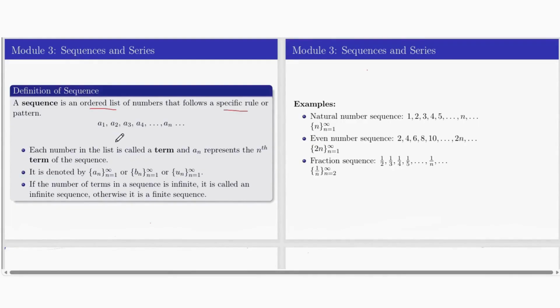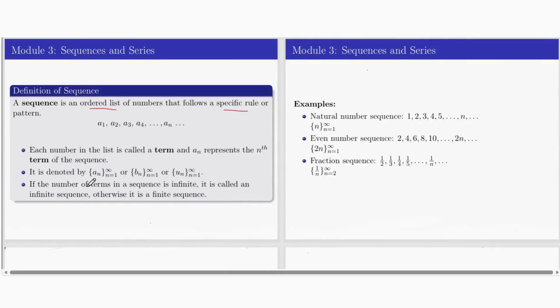a2 is the second term of the sequence. a3 is the third term of the sequence. In the same way, an is the nth term of the sequence. It is denoted in curly brackets as {an}, n is 1 to infinity, or {bn}, n is 1 to infinity, or {un}, n is 1 to infinity.